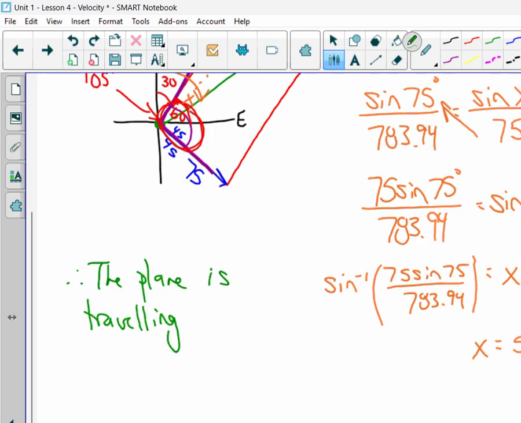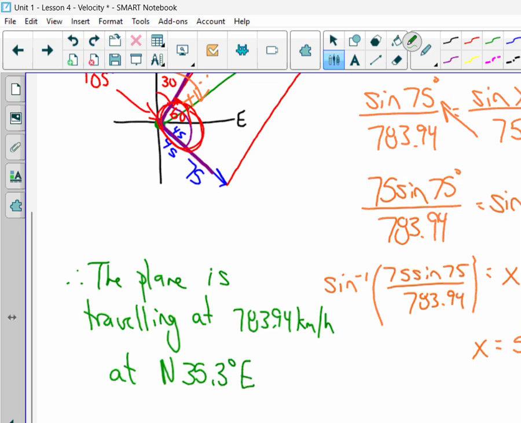Our magnitude was 783.94 kilometers an hour at, it was going north 30, but the wind pushes slightly more to the east, X amount, so now it's north 35.3 degrees towards the east, which is the 30 plus this number.